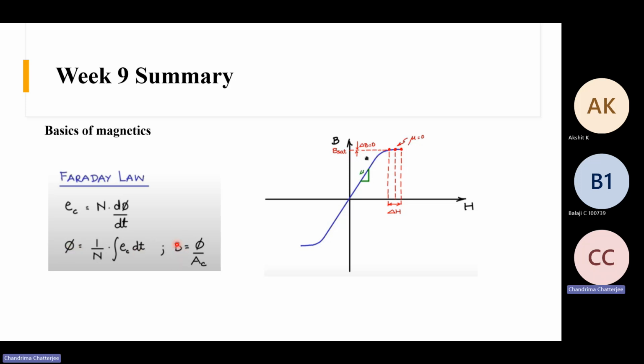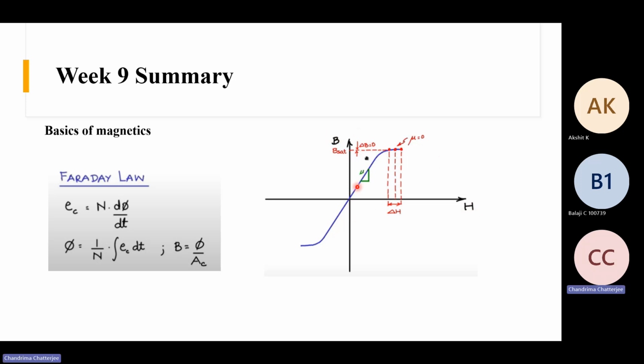Okay, so flux density we will use in our equations, and this curve here that I have shown is called a BH curve. B is the flux density, H is the field strength.